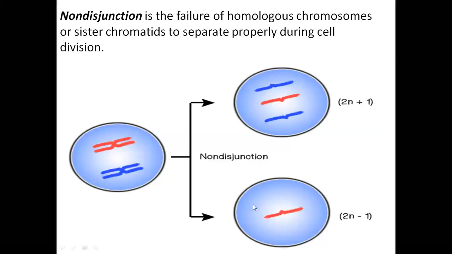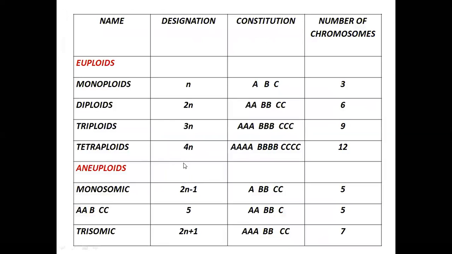Therefore, one cell is deprived of a blue chromosome, and the other has an extra blue chromosome. So this is about non-disjunction.